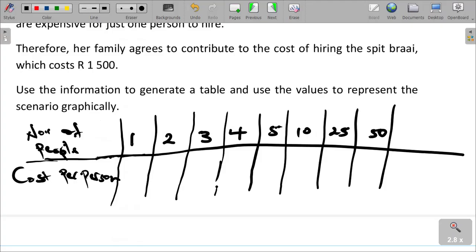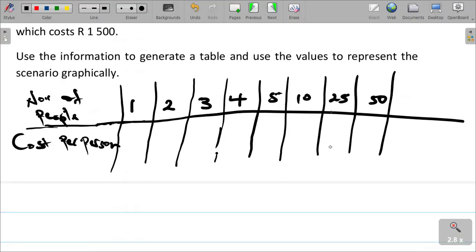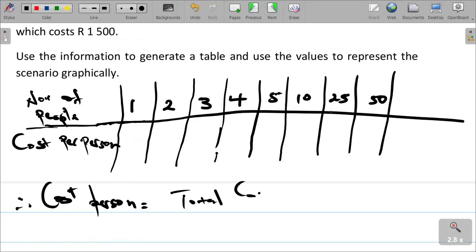So what does the question want us to do? It wants the cost per person, how much each person contributes to hire this one, and that is where the table is drawn from. So cost per person is equal to total cost over number of people.